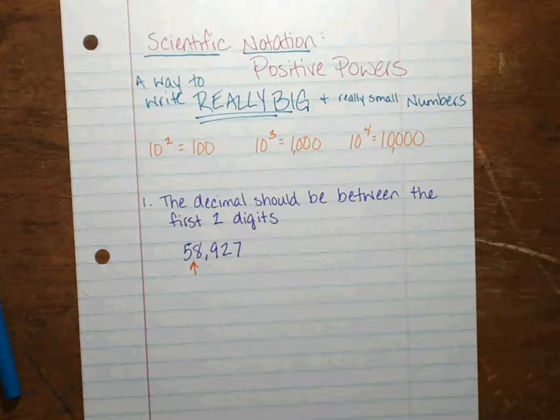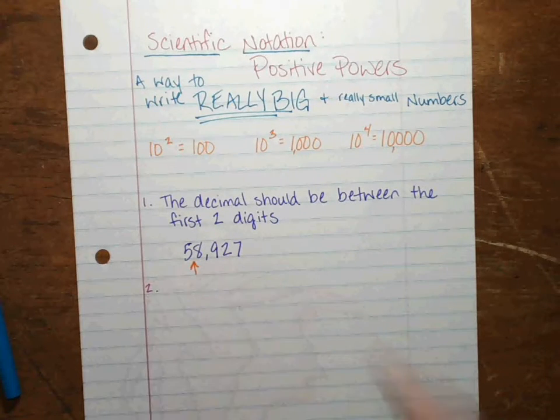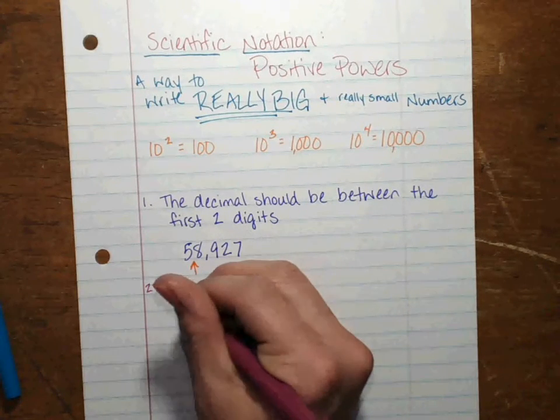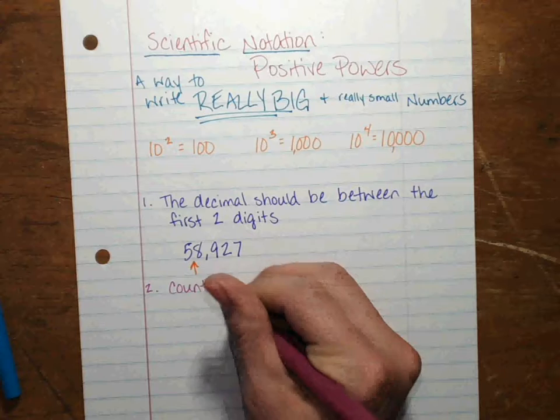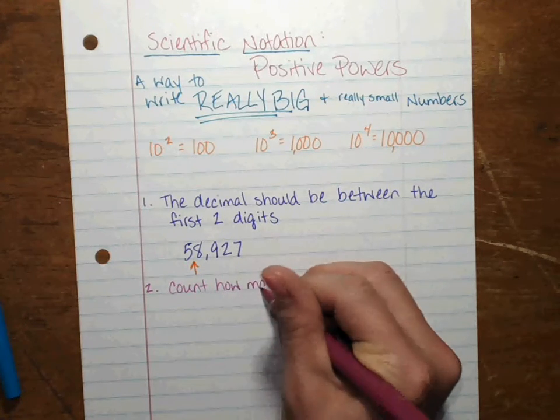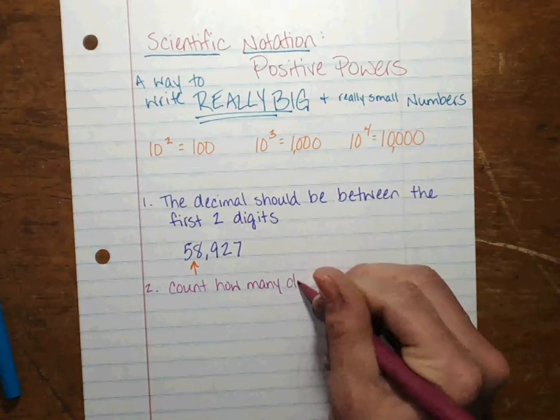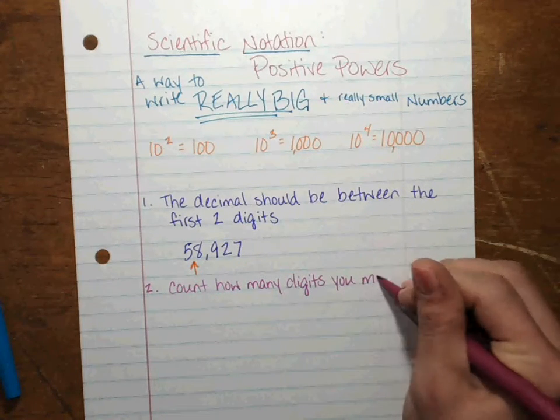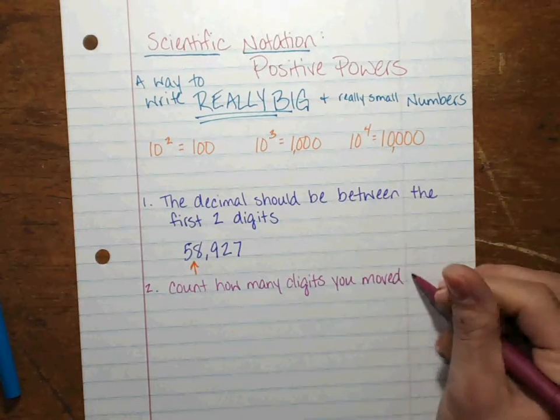Step 2 is to count how many digits you moved left.